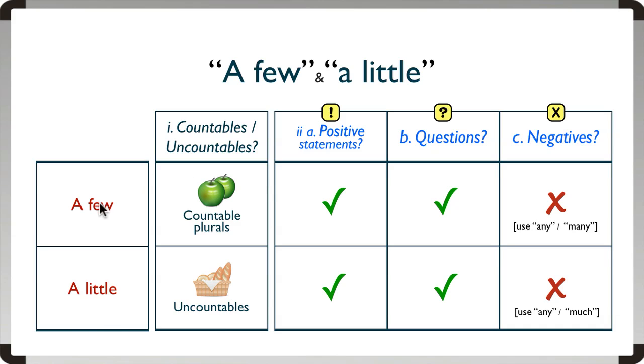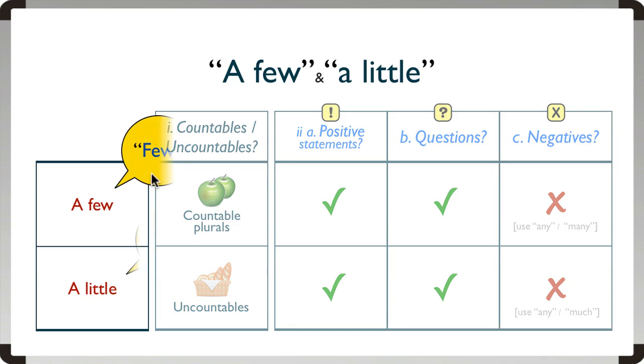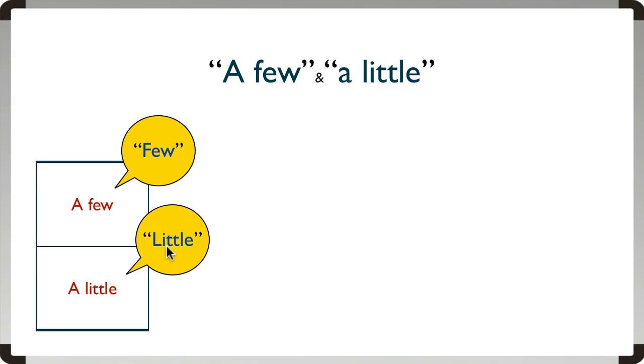We can use a few and a little in the positive and in question sentences. We can use neither a few nor a little in negatives. In the negative, instead of a few, we should use any or many, and instead of a little, we should use any or much.